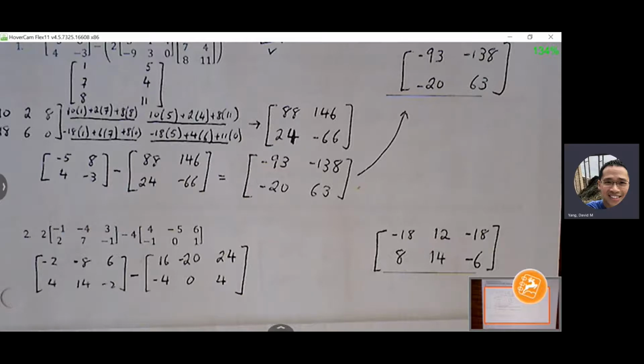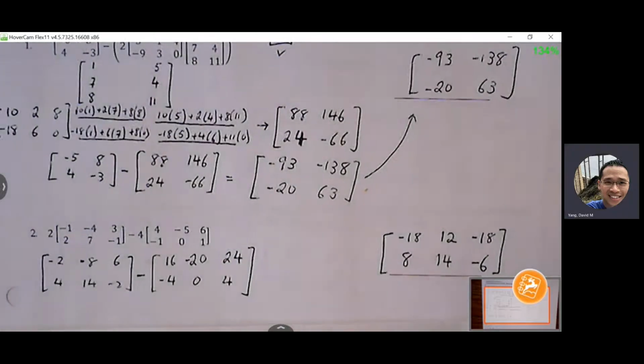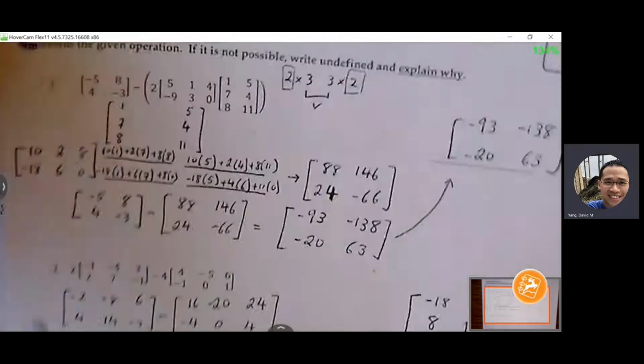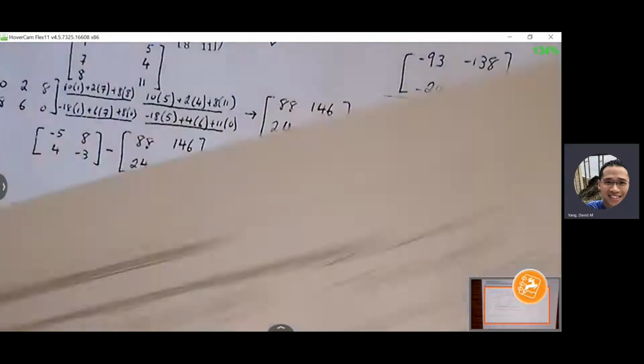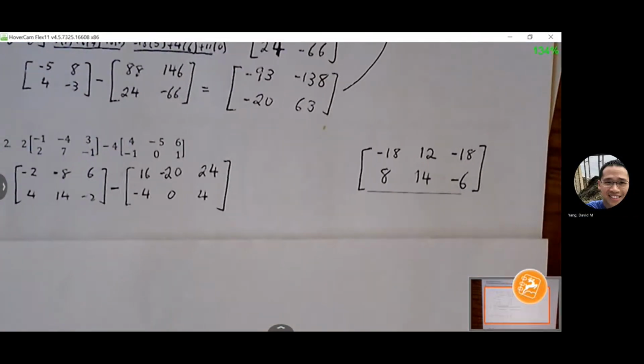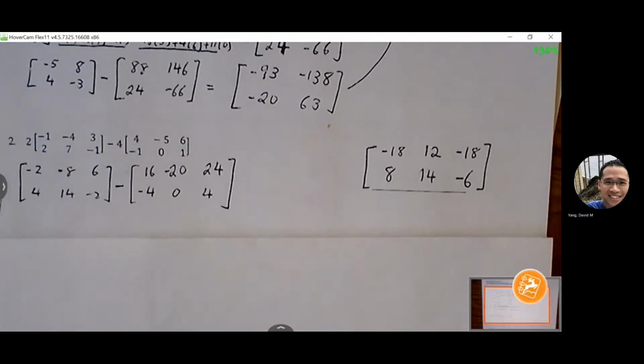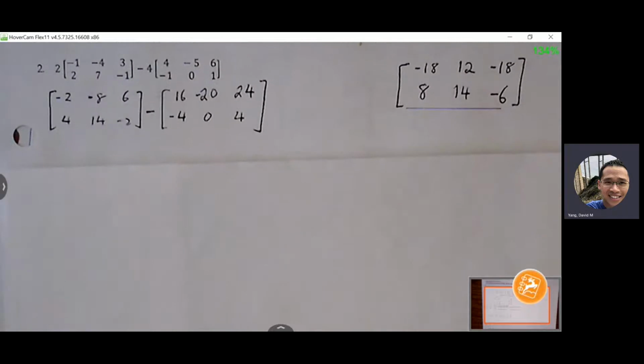Okay, take a look at 3. Can we subtract those two matrices together?